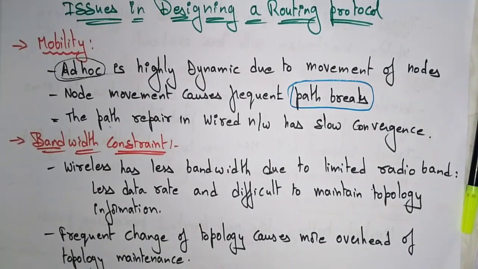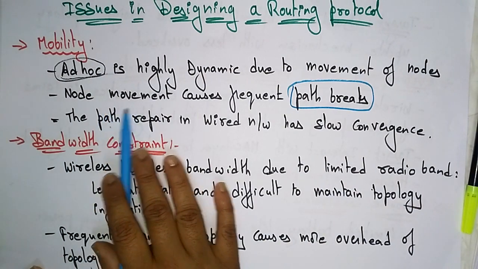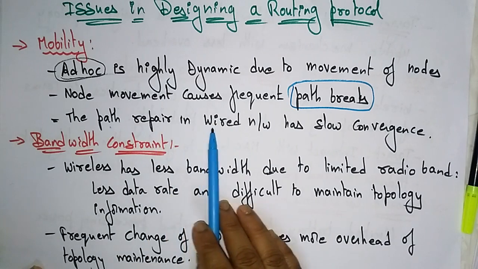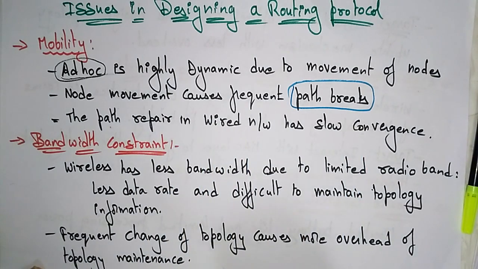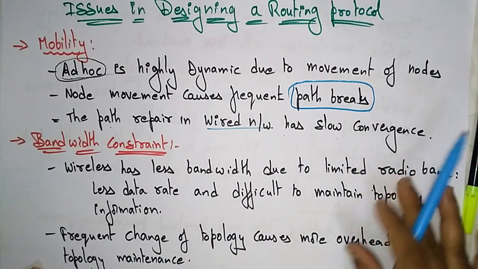There are so many reasons for path breaks, so you have to be careful while designing a routing protocol. The mobility has to be taken into account because node movements cause frequent path breaks. Path repair in a wired network has slow convergence.